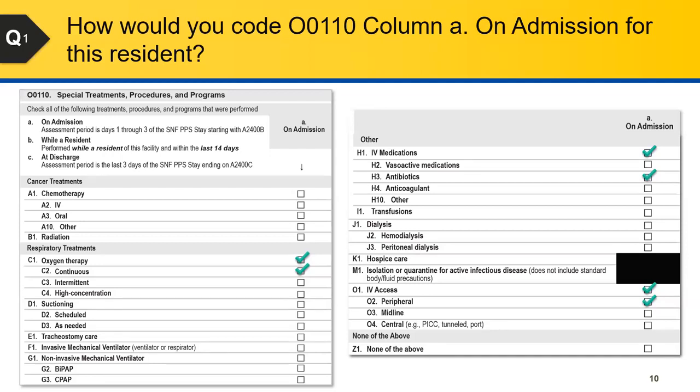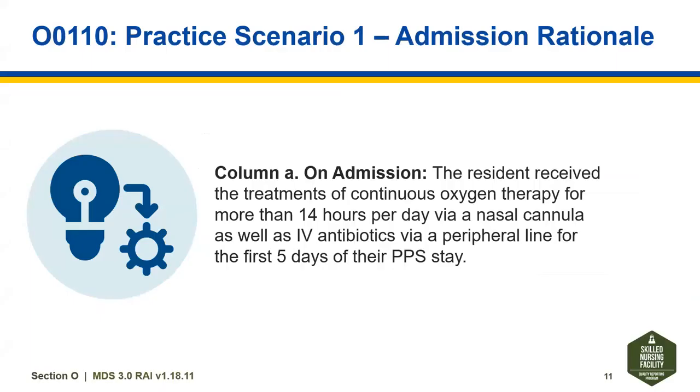So let's look at the rationale on the next slide. So this resident received the treatments of continuous oxygen therapy for more than 14 hours a day via nasal cannula, as well as IV antibiotics via a peripheral line for the first 5 days of their PPS stay, which was within that time period for on admission.